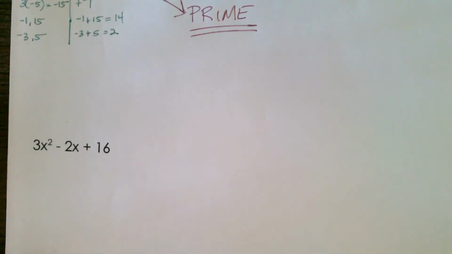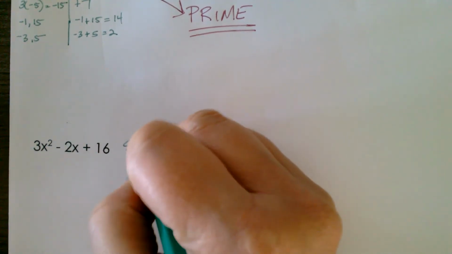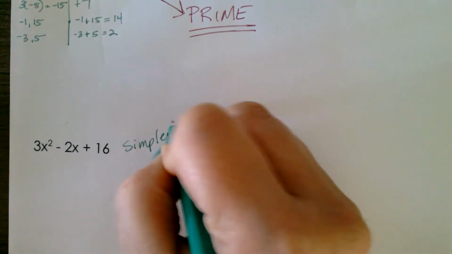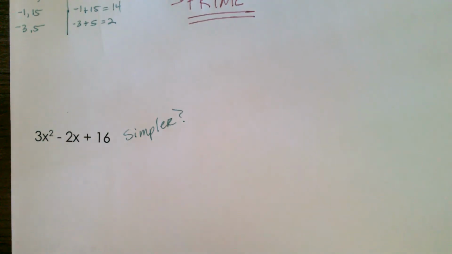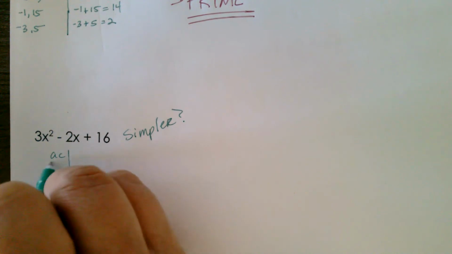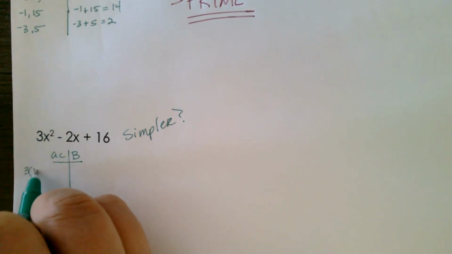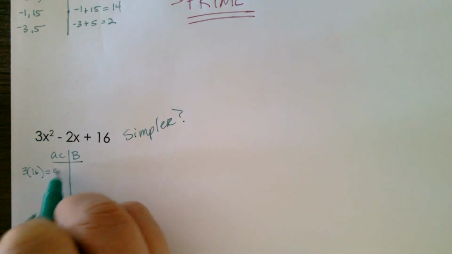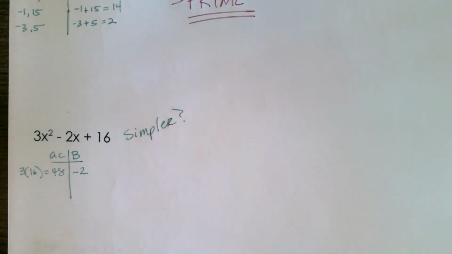Okay, we're going to approach it the same way. Can I make it simpler? Is there a number that goes into 3, 2, and 16? No. I will test my ACB chart. I need numbers that multiply to 48 but add to -2.